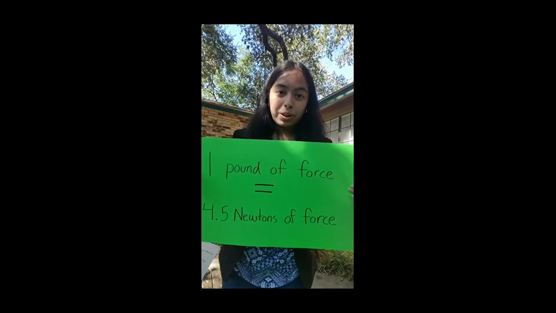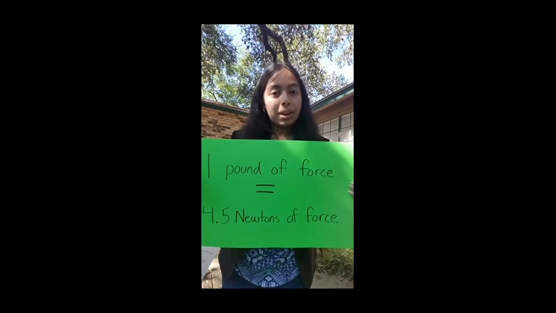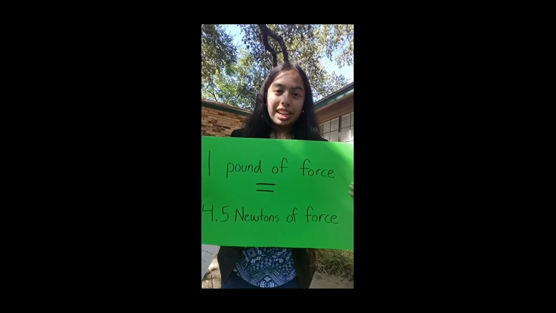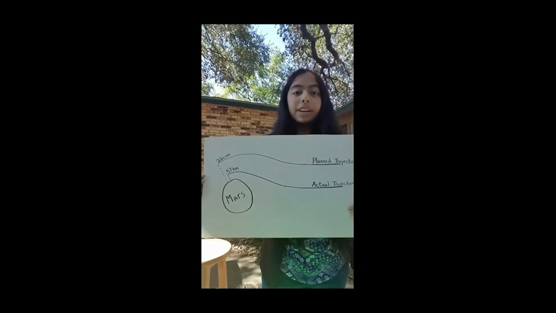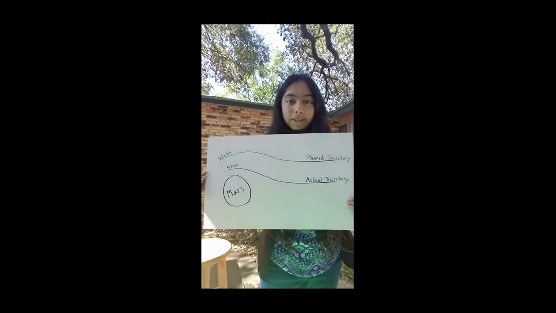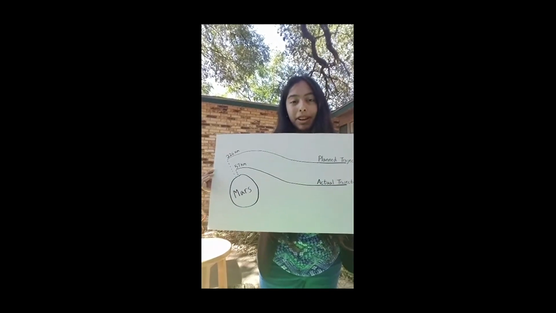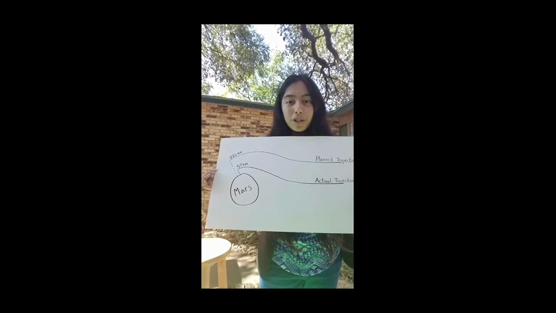1 pound of force is equal to 4.5 newtons of force, meaning that NASA had overestimated the amount of force they were using to get the orbiter into the trajectory that they wanted. This figure from National Instruments shows that the teams intended for the orbiter to fly at an altitude of 226 kilometers from the surface of Mars.